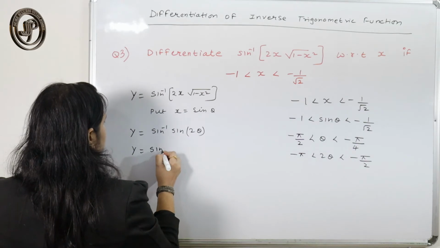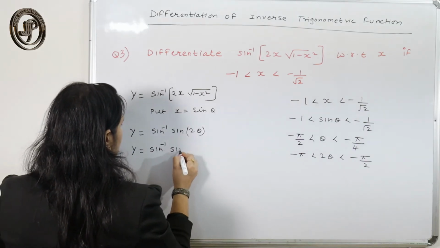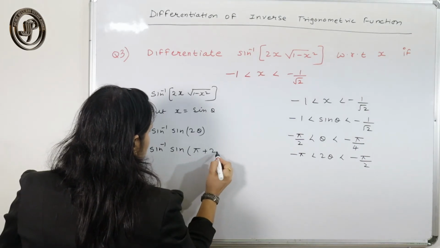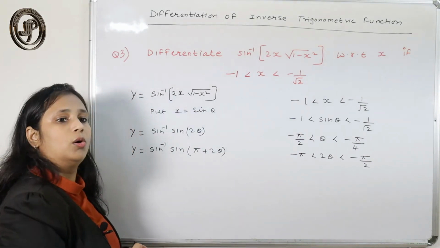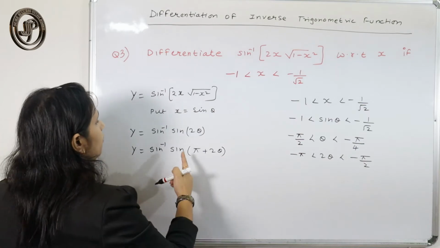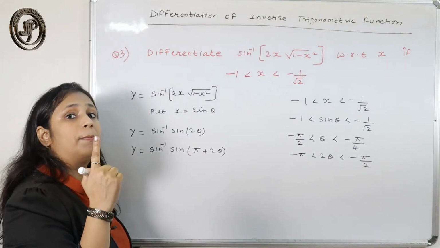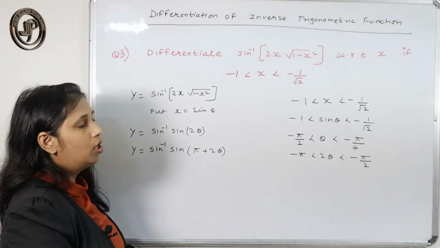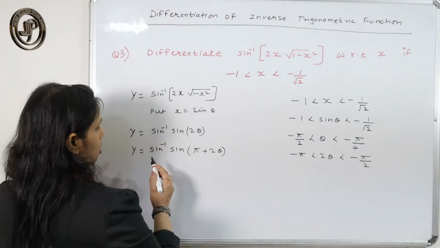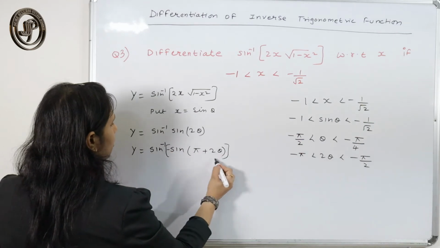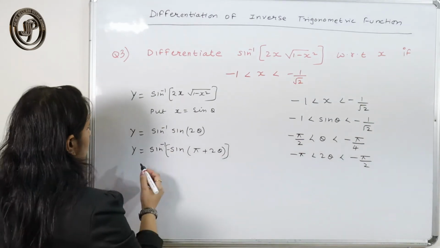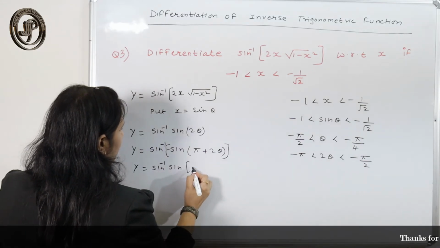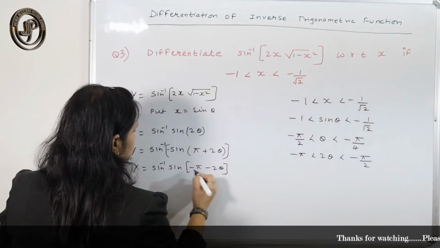So can we write this as sine inverse sine of pi plus 2 theta? But we know that sine of pi plus theta is minus sine theta. So to make it sine 2 theta only, we have to put the minus sign here, right? So we can write this as sine inverse sine of minus pi minus 2 theta.